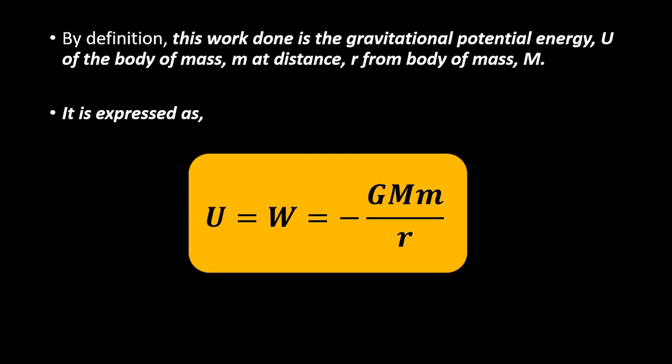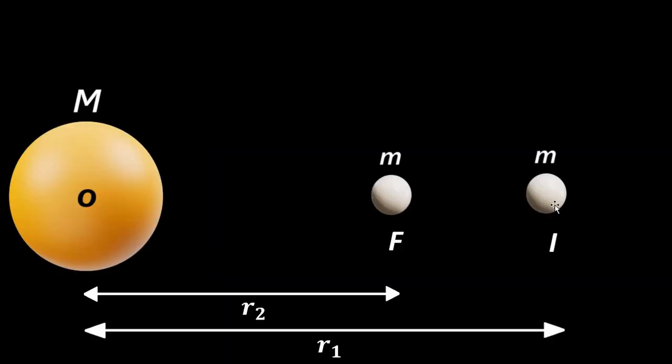Now, suppose we have again the mass m at an initial position I, which is at a distance r1 from this yellow sphere. It is then moved to the final point F, and it moves under the influence of the gravitational force. This is the initial separation, and this is the final separation.